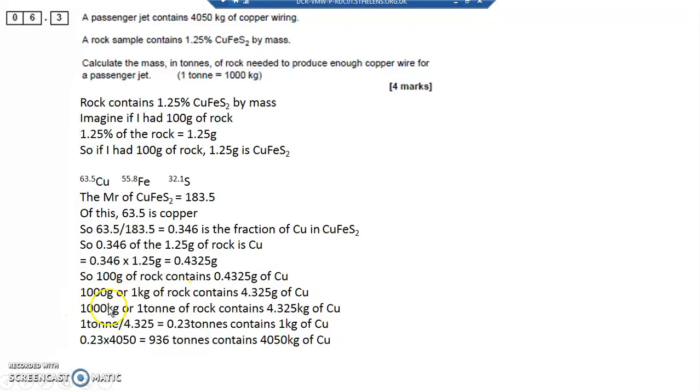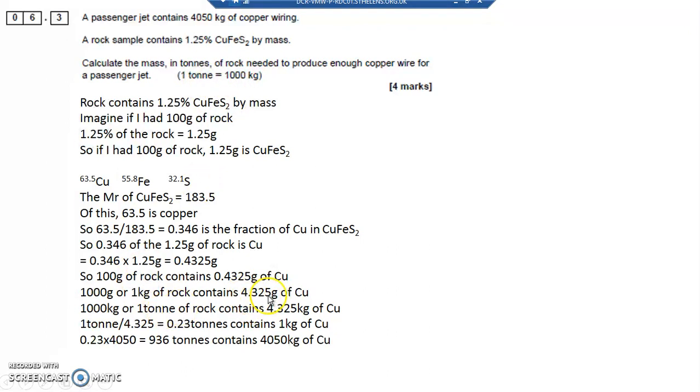I'm going to now multiply it by 1,000. So a kilogram times 1,000 is 1 ton of rock. A ton is 1,000 kilograms.